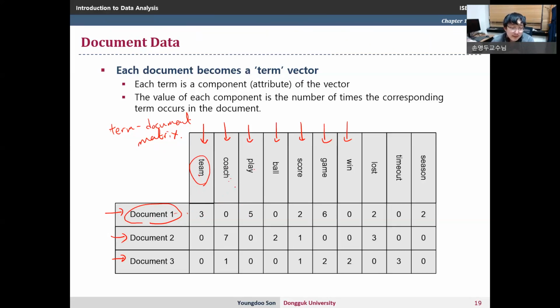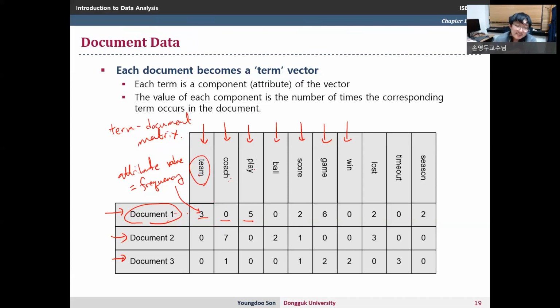The word play appears 5 times in document 1. Okay. So these are the attribute values, which are actually the frequency of the term's appearance.